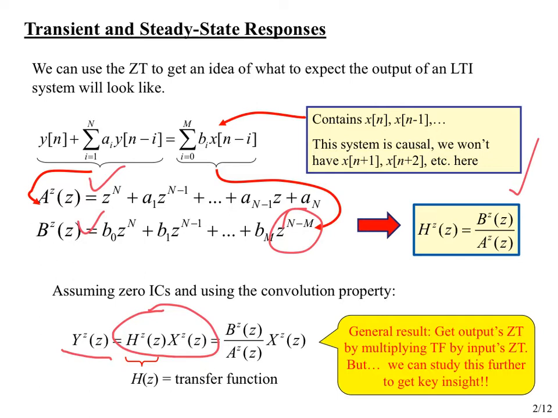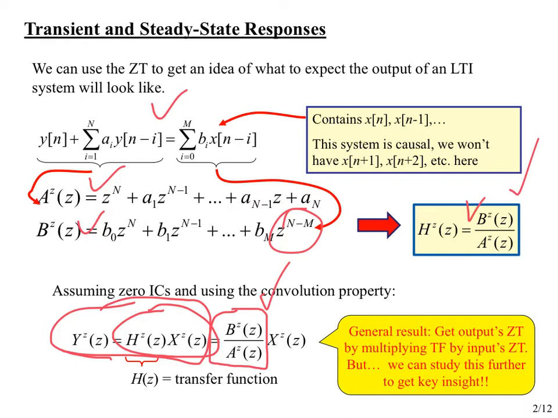Since we have, from a difference equation, this rational function for our transfer function, we can substitute that in. So this is a fairly general result. In fact, this part is extremely general. Any linear time invariant system can be written that way. This result obviously depends on the system being described by this type of difference equation such that we get a rational transfer function.